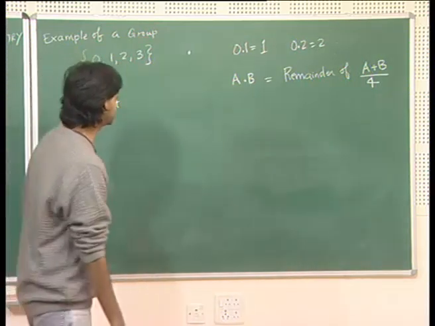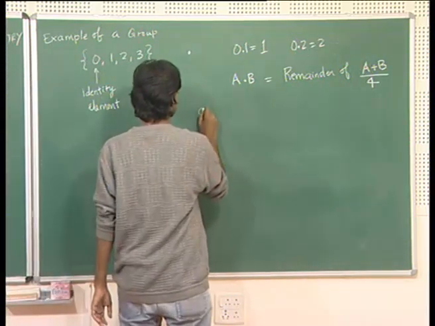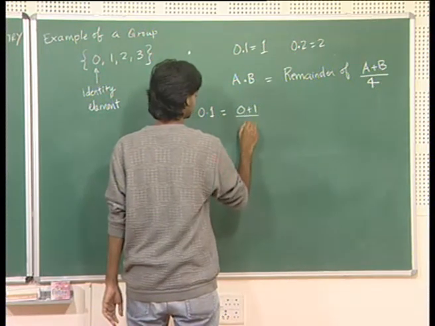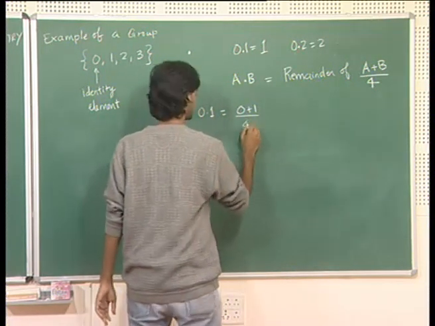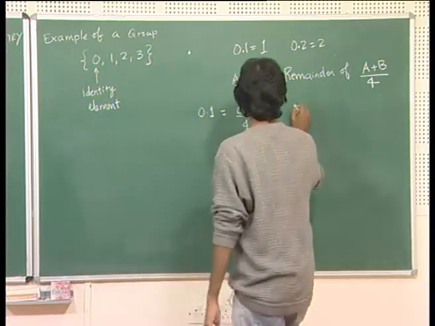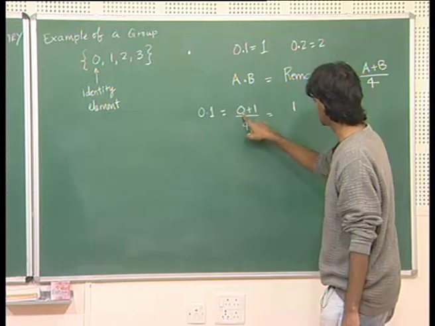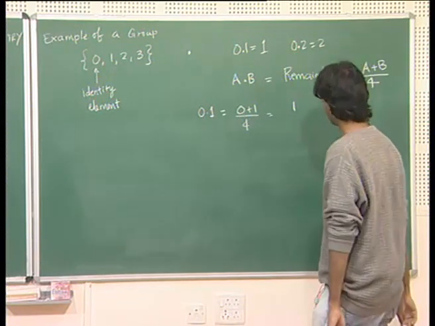So, what I mean is the following. If I take 0 dot 1, this is equal to the remainder of 0 plus 1 divided by 4, which is 1. So, 4 times 0 is 0, so the remainder is 1.